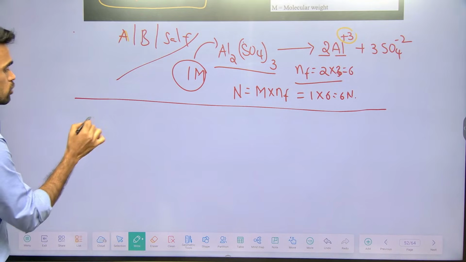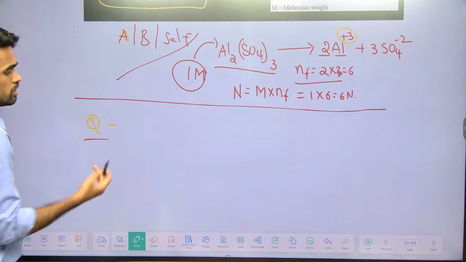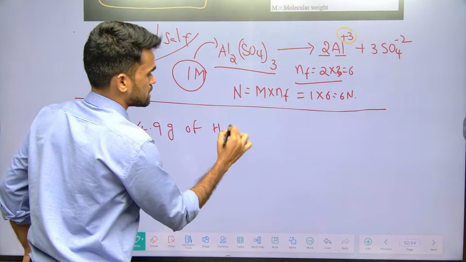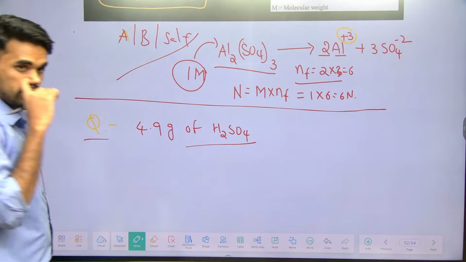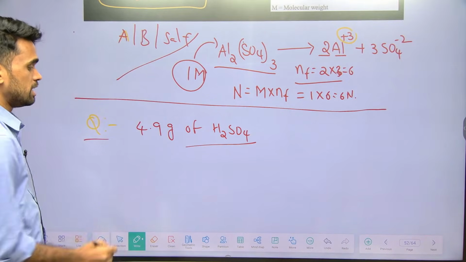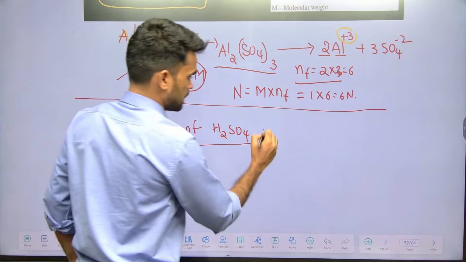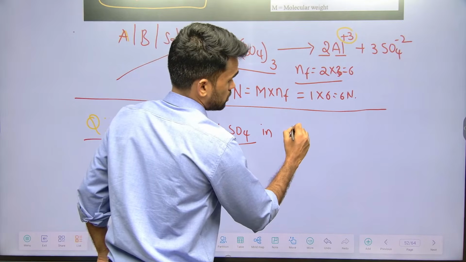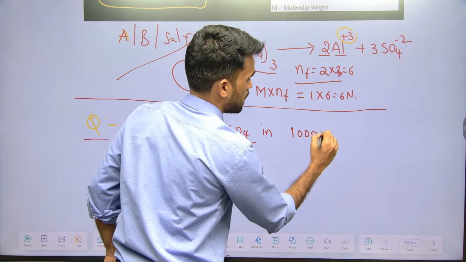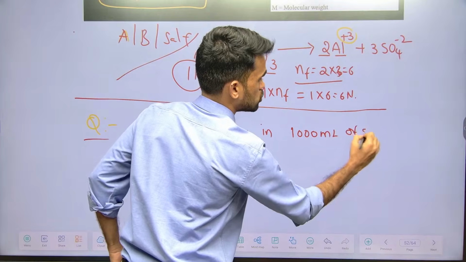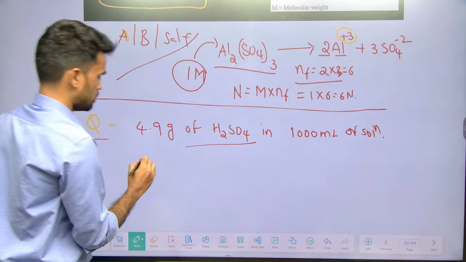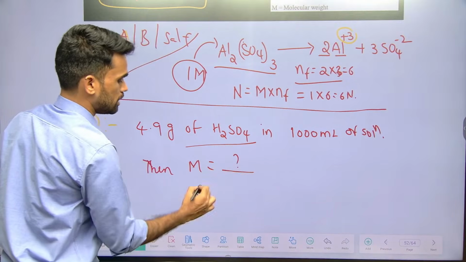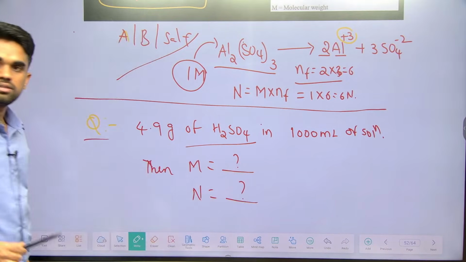Okay. Now I am giving you a question. 4.9 grams of sulfuric acid in 1000 ml of solution. Then find its molarity and normality, fast.